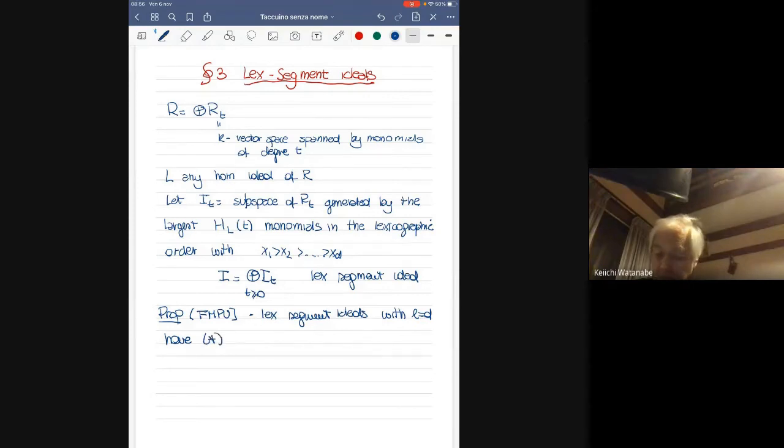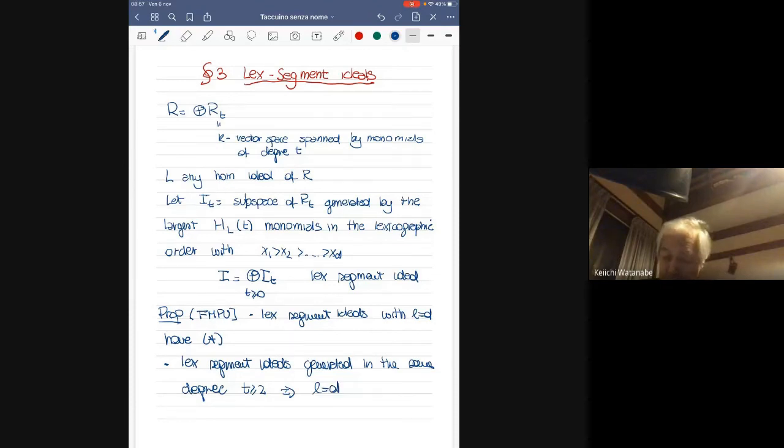So they all have property star. And then we prove actually that the lex segment ideals generated in the same degree T, which is bigger than or equal to 2, then they always have L equal D.